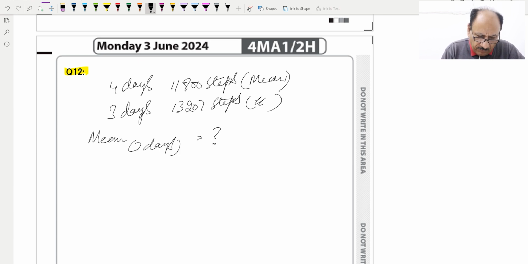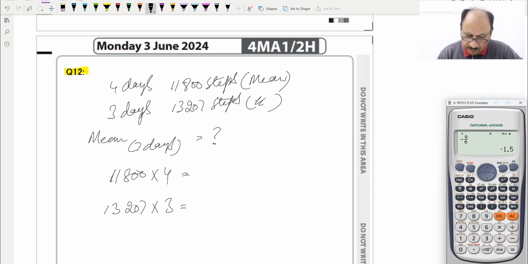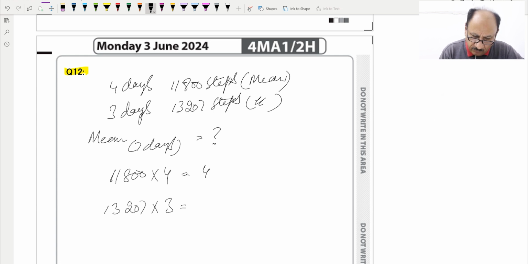So 11800 is for 4 days. We will multiply this by 4, and 13207 is for 3 days. We will multiply these numbers, and we will get 11800 multiplied by 4 is equal to 47200.